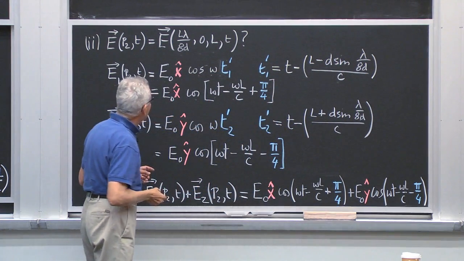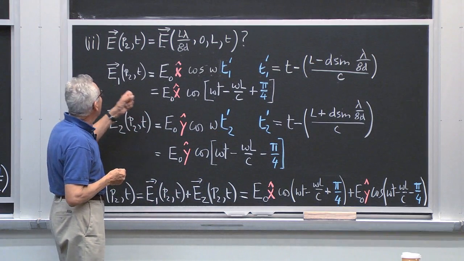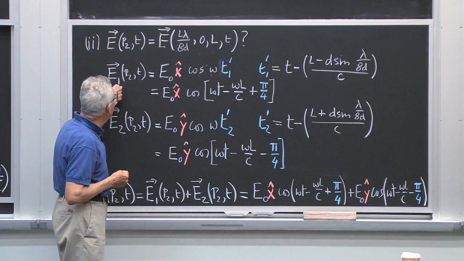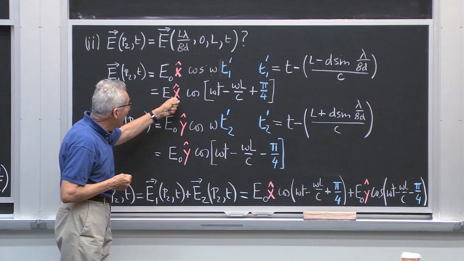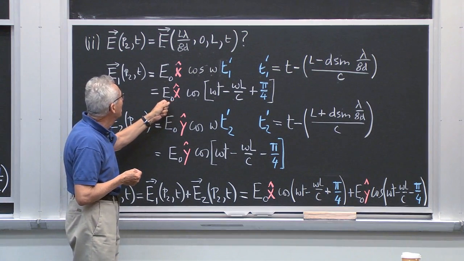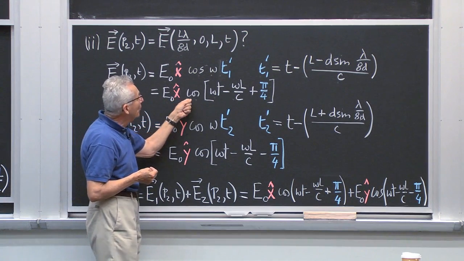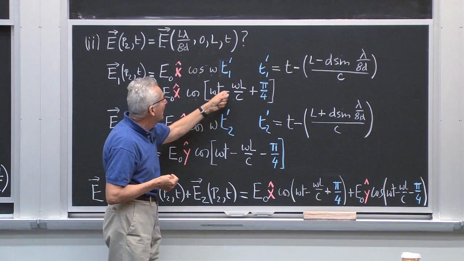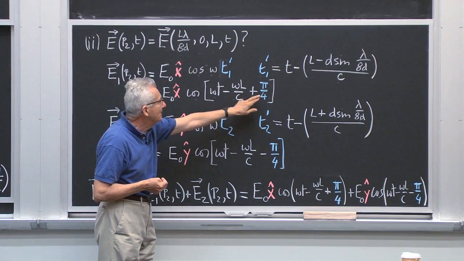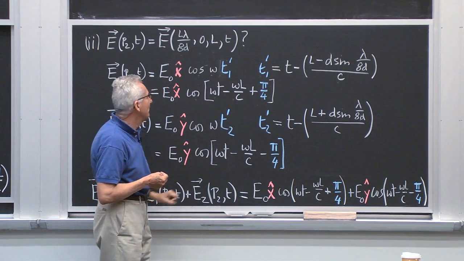So I find that the electric field at point P2 due to the first charge is pointing in the x direction, as you'd expect, because of the direction in which the charge is moving, times E0 times cosine omega t minus omega c plus a phase like that.